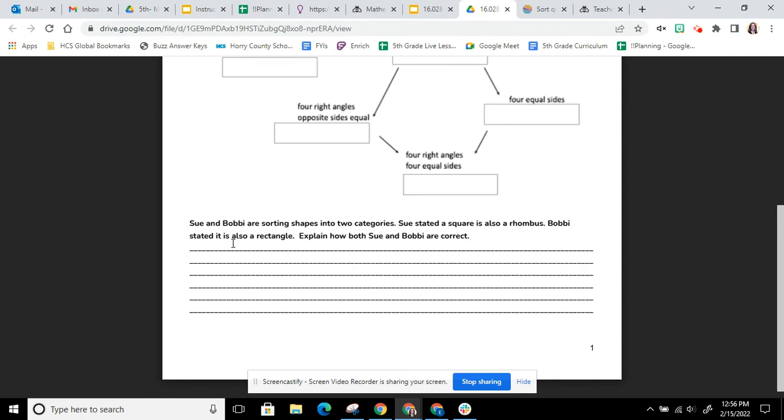When Bobby says that a square is a rectangle, he is correct. So explain how both of them are correct. How is a square also a rhombus? And how is a square also a rectangle? Use the characteristics of a square that are in the lesson.